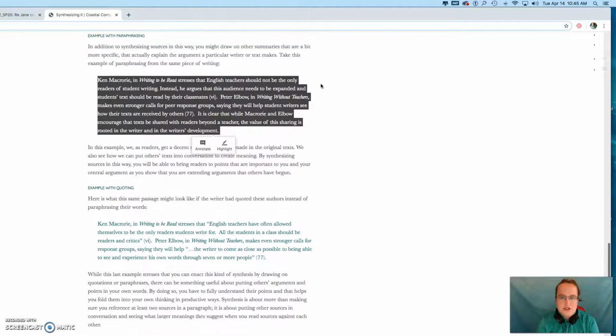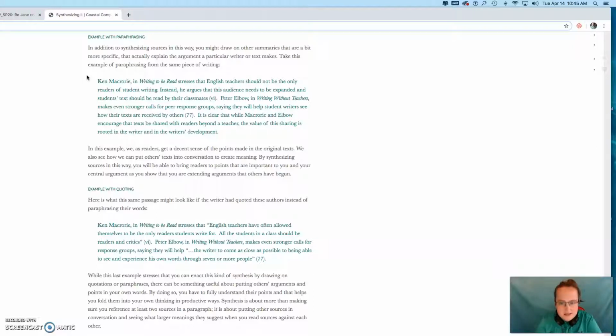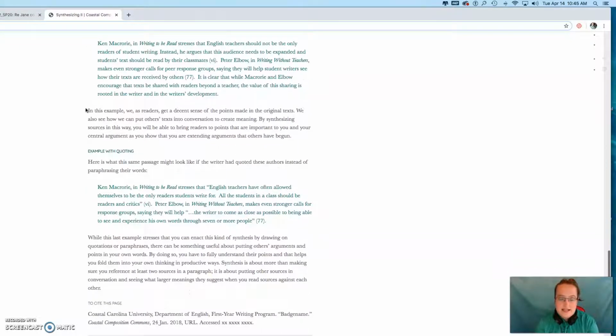This is a really good idea of paraphrasing in synthesis instead of quoting. And then right below it is an example using quotations themselves. This is something that you can decide for yourself, to either quote directly from Read Jane or paraphrase. But remember, even in both of these examples, they are citing.